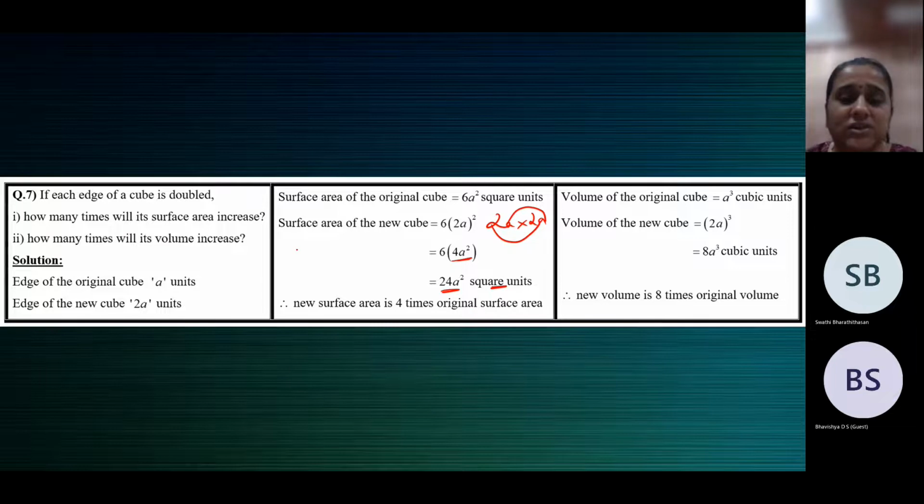Now see here, what is the surface area of the original cube? 6A square. It's now become 24A square. How? Because it's become 4 times, into 4.